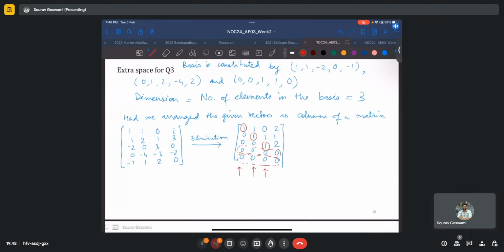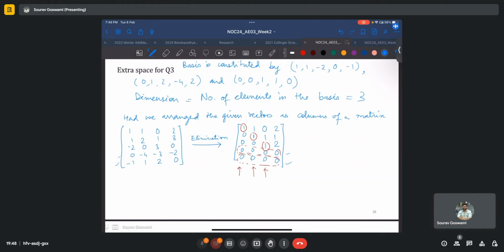So every vector in that space should be expressible as a linear combination of elements of my basis. We have these vectors here which have the fourth and fifth components non-zero. But do you think any combination of these columns will end up having these fourth and fifth components as non-zero? Never, because they are zero. So the columns we end up with after elimination simply cannot be used in the basis.